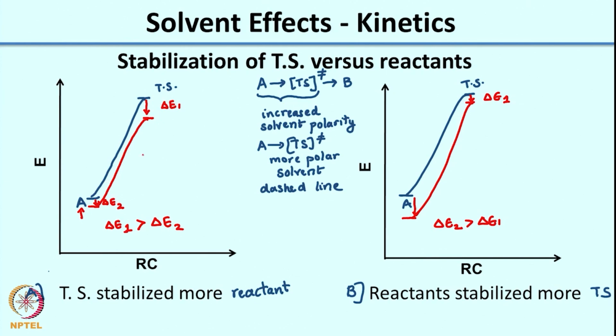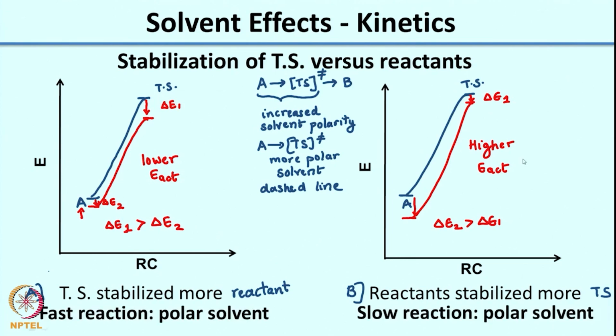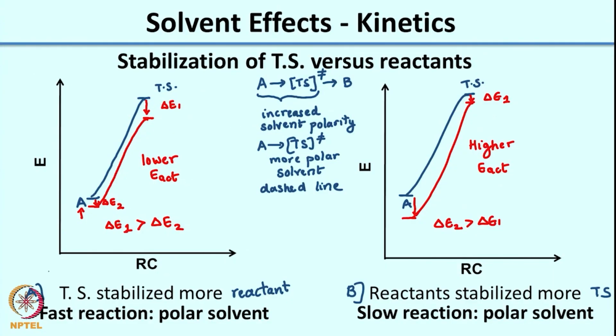So, that means lower activation energy. So, that means the reaction will go faster, whereas in this case you have a higher activation energy and so the reaction will go slower. So, fast reaction in a polar solvent and slow reaction in a polar solvent for these two scenarios. Now that you have an idea of the general picture, let us look at two specific examples.